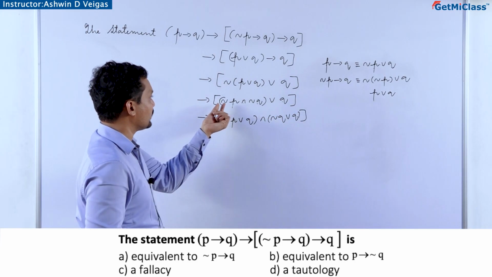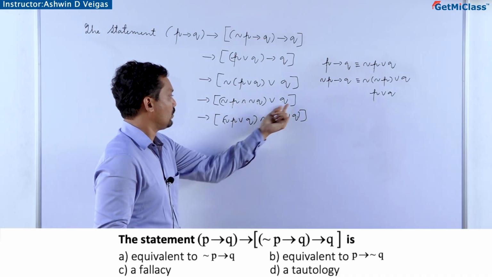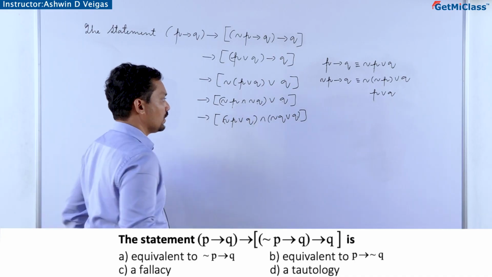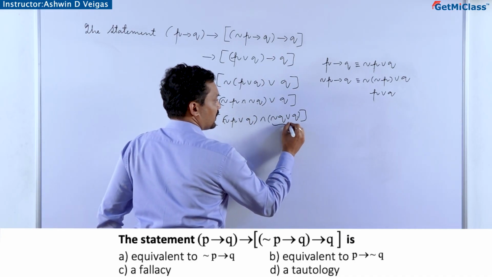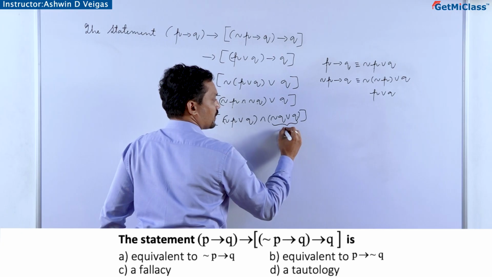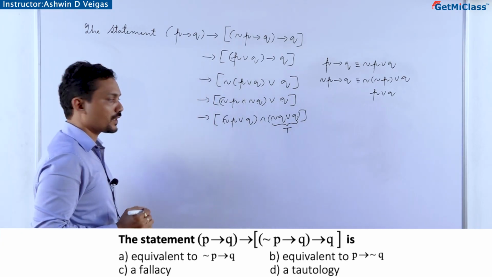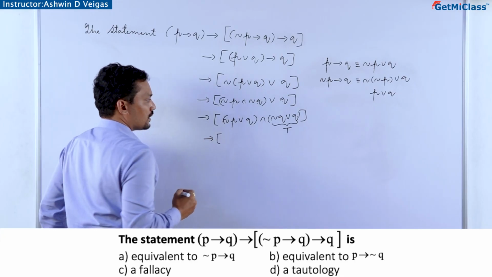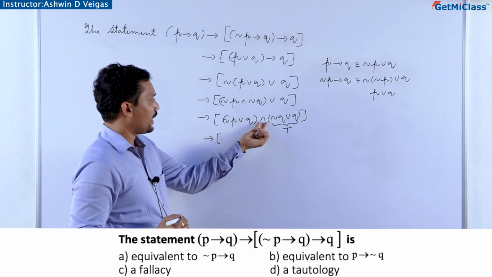So, it is (negation of P or Q) and (negation of Q or Q). Now, according to the law, negation of Q or Q is a tautology. So, you will get something and tautology.